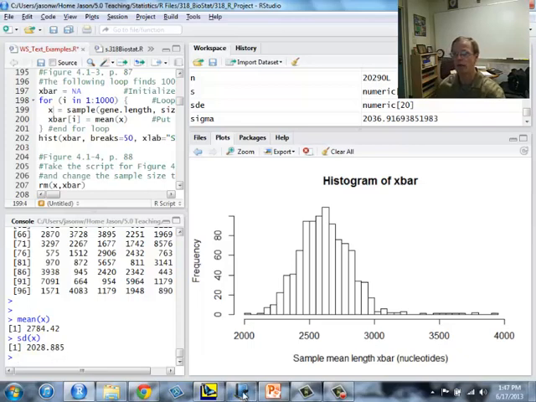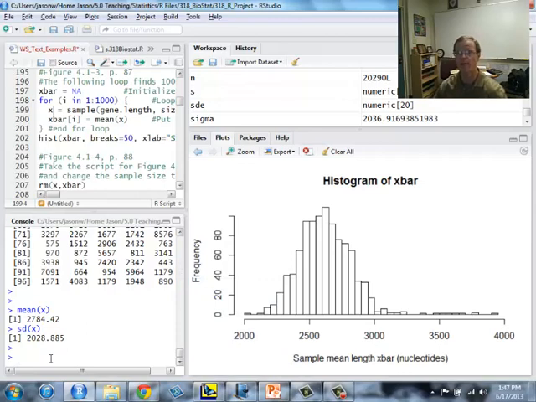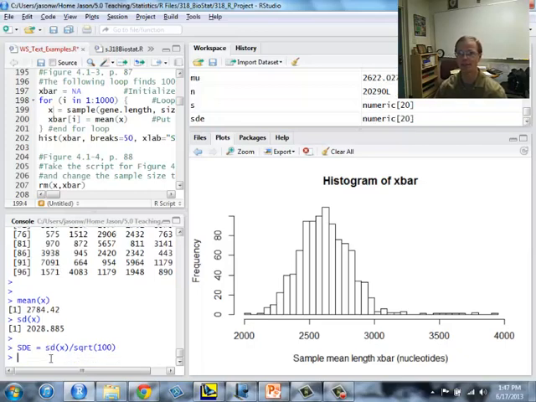Now, let's go and run the calculation. We'll do it here for simplicity. The SDE is just going to call standard deviation of x, and then we're going to divide it by the square root of our sample size, which, as we know, is 100, so that's easy.